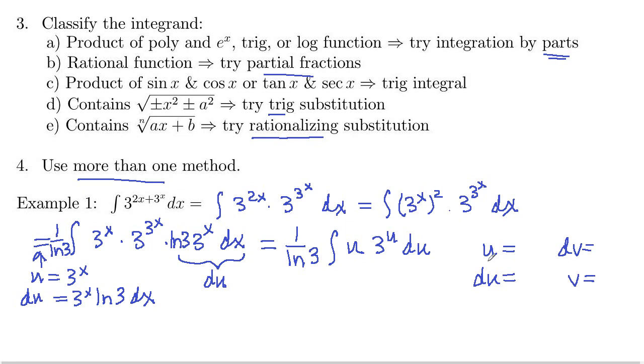And since we're using u over here, why don't we change this u to a w? So that'd be w, w, w. There we go. You want your u to be the part with a simpler derivative, so that's going to be w. So du will be dw. My dv will be the 3 to the w dw.